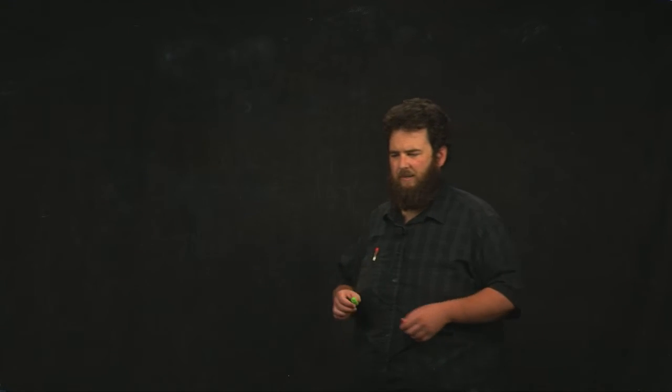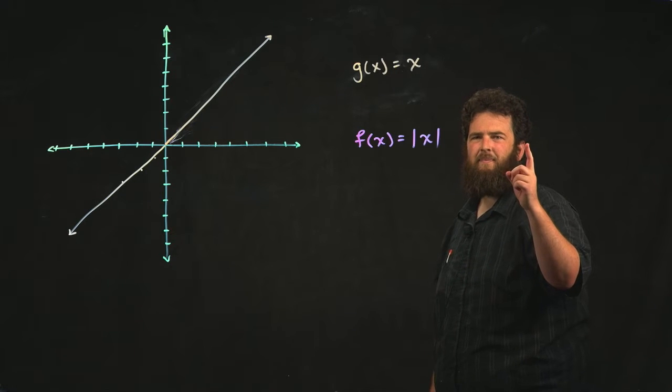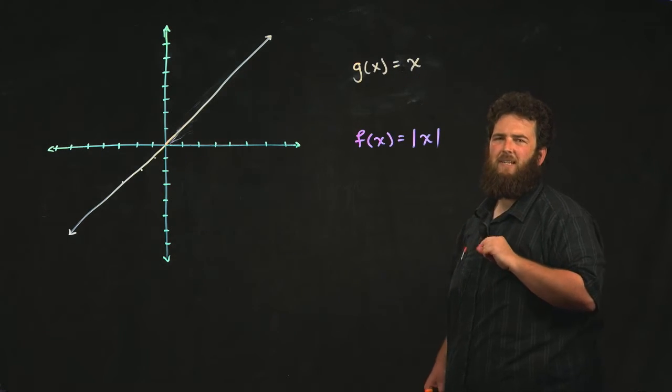So absolute values can also be represented graphically, right? So far, all we've done is some symbols. But what we'd like to do is say, well, yeah, we could graph it. Now, check this out. I graphed this nice function here, g of x equals x.